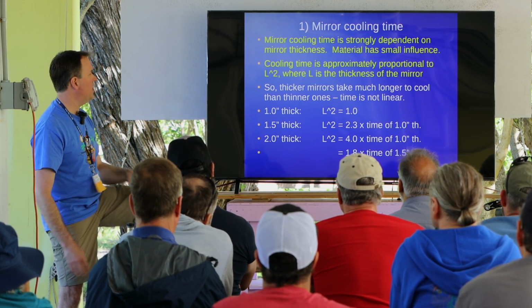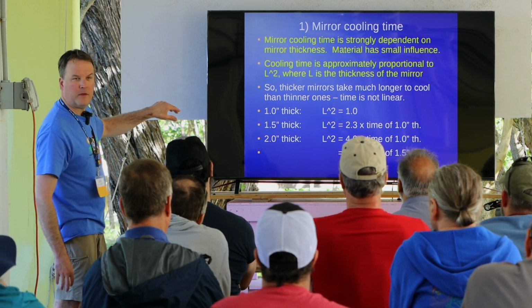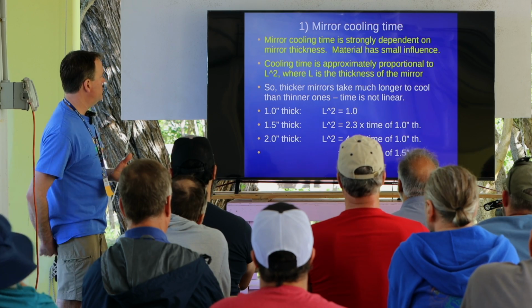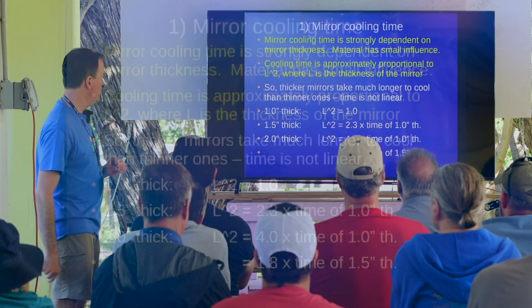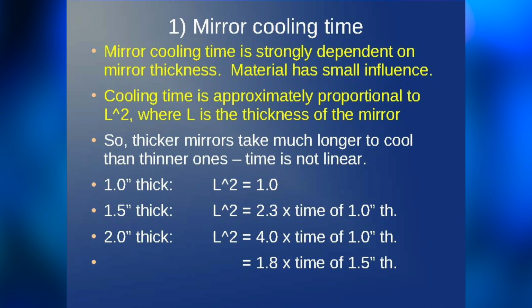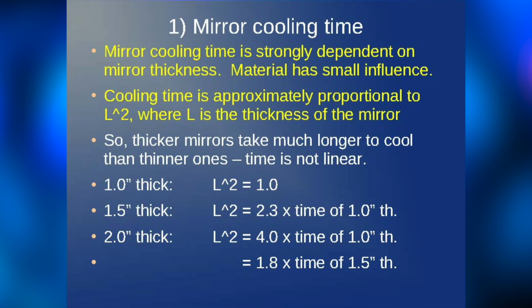So our mirror cooling time is really dependent on thickness. This is just a rough estimation, but cooling time is roughly proportional to the thickness of the mirror squared. If we have a 1-inch thick mirror, let's just call the cooling time 1, maybe an hour. At 1.5 inches thick, it's going to take 2.3 times as long, just due to the nature of the heat transfer out of a thicker substance.